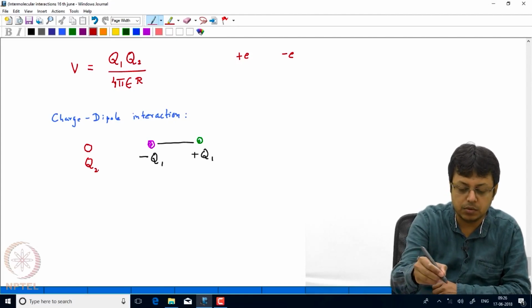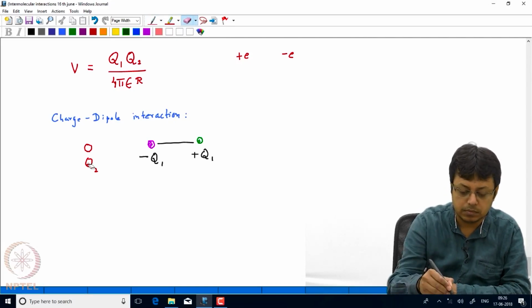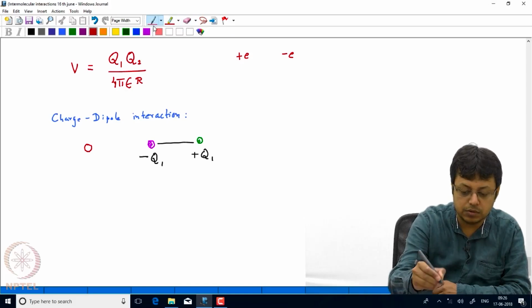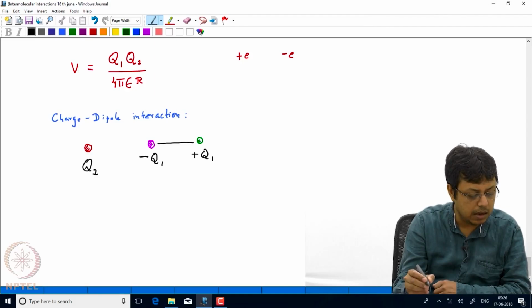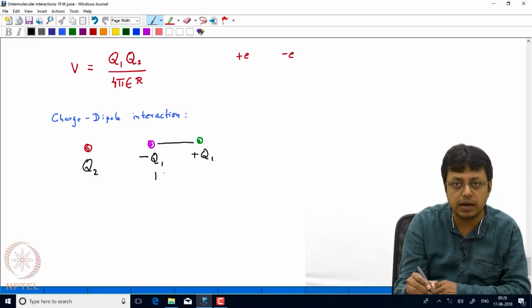So suppose this is Q2, which is the new charge, its magnitude is Q2. For the dipole we were using some convention with capital R notation, but here I will change the notation a little bit.